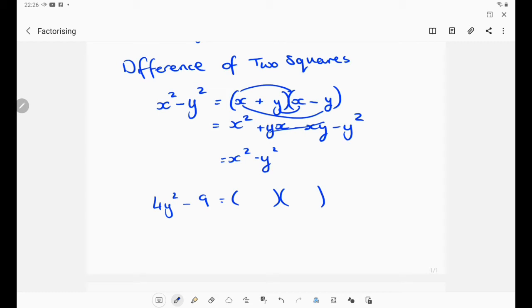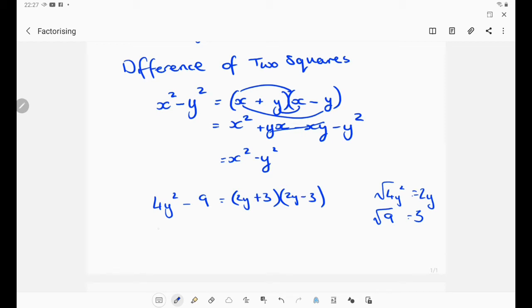You look at the 4y squared. So over at the side, the square root of 4y squared: square root of 4, 2, square root of y squared, y. And you fill in your bracket. Then over at the side, what's the square root of 9? 3. So we fill in the bracket, one positive, one negative.